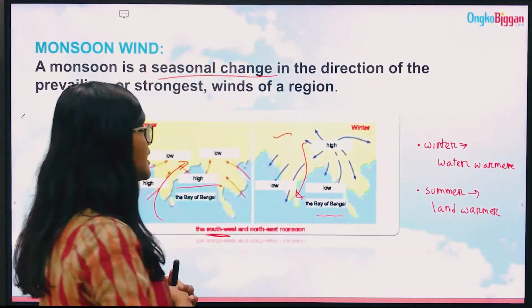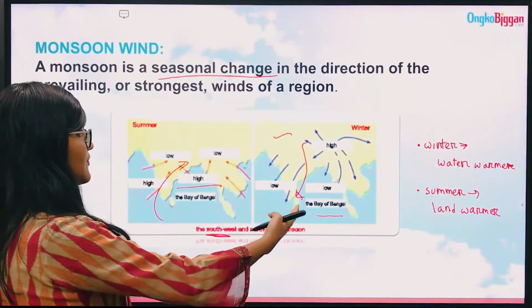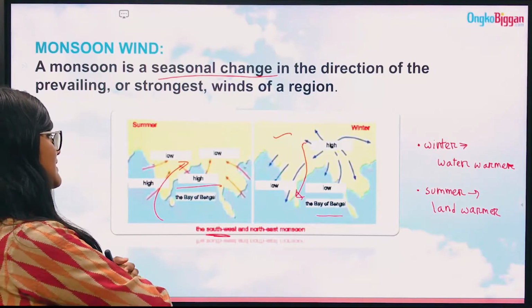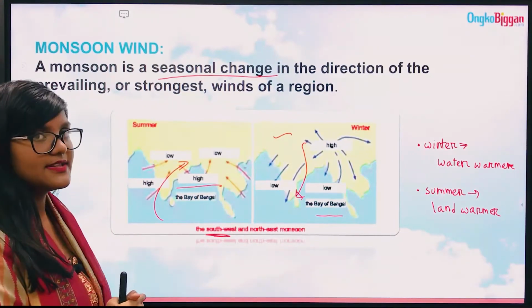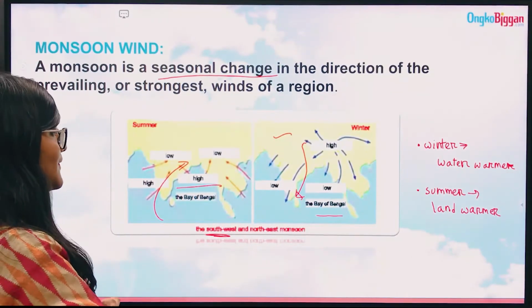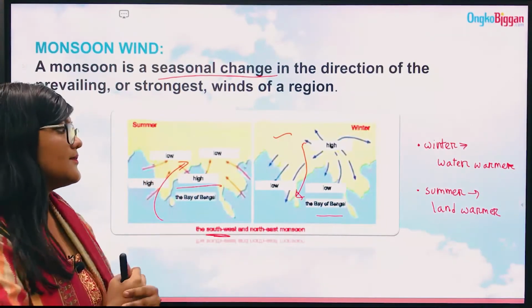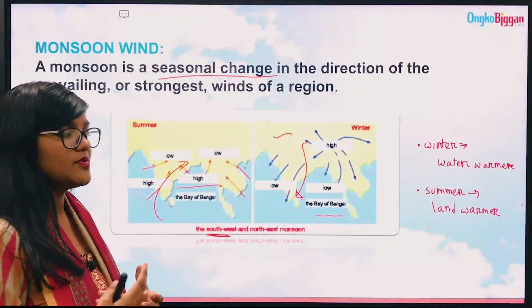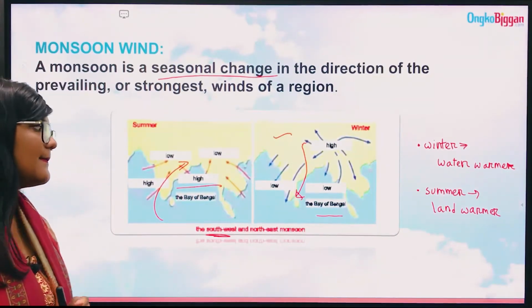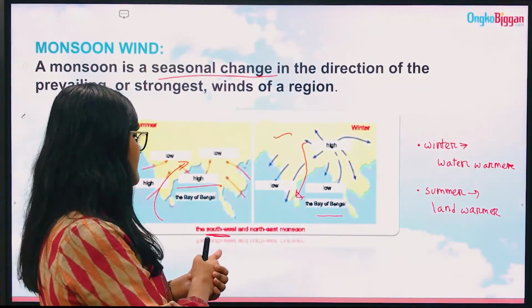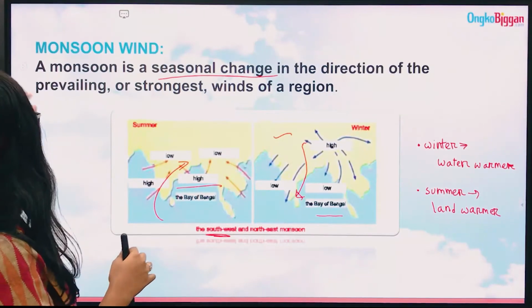That means the northeast monsoon can be seen in the winter season. So basically, due to the air pressure difference and the change of seasons, we can see different types of monsoon occurring here.